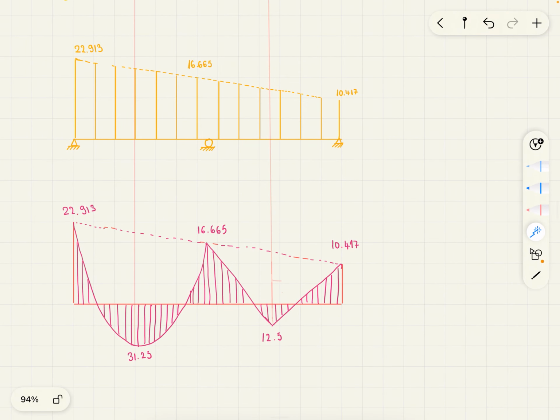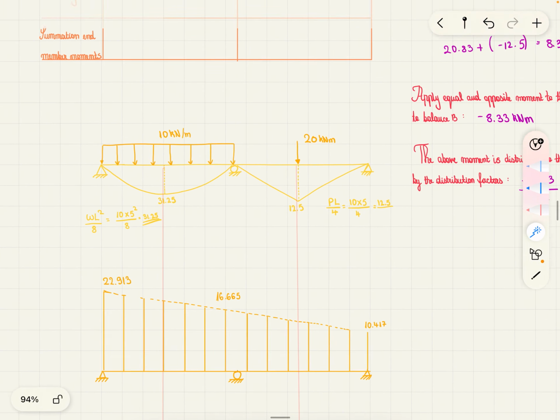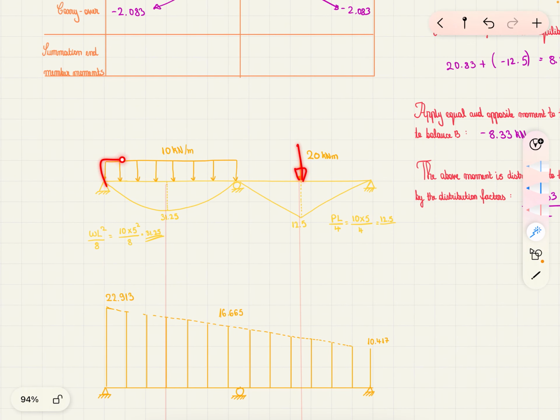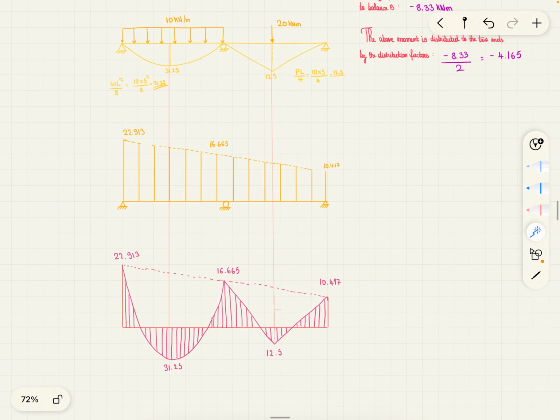So once you have a point here, point here, all the points of moments from the bending moment diagrams above, you can then just draw a line and join them up. This one is curved because we have the uniformly distributed load causing it to be curved. And then this one is a straight line due to the point load. And that is it.